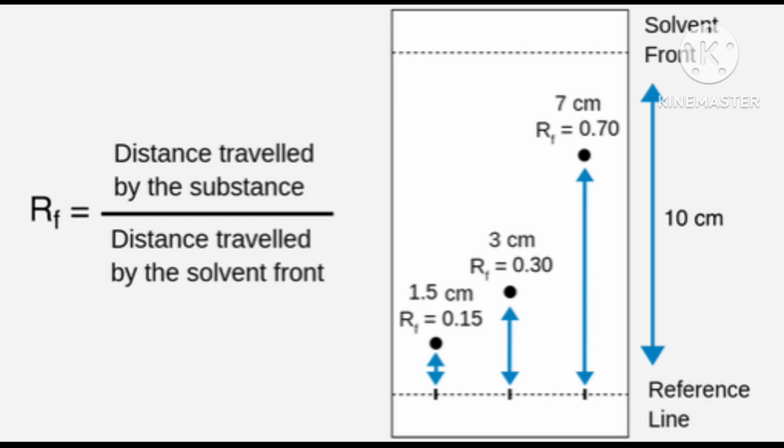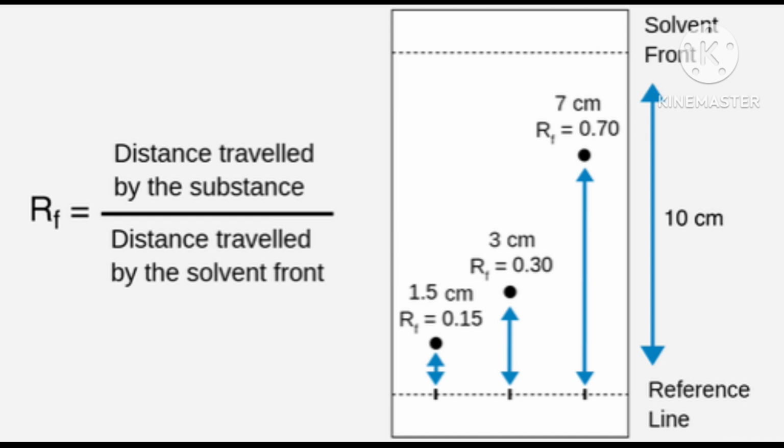When a mobile phase is allowed to move over a stationary phase, called the adsorbent, the compounds of the mixture move by varying distances over the stationary phase.